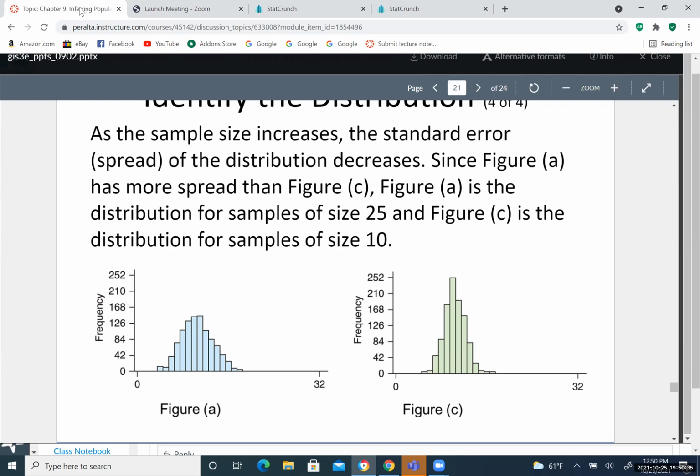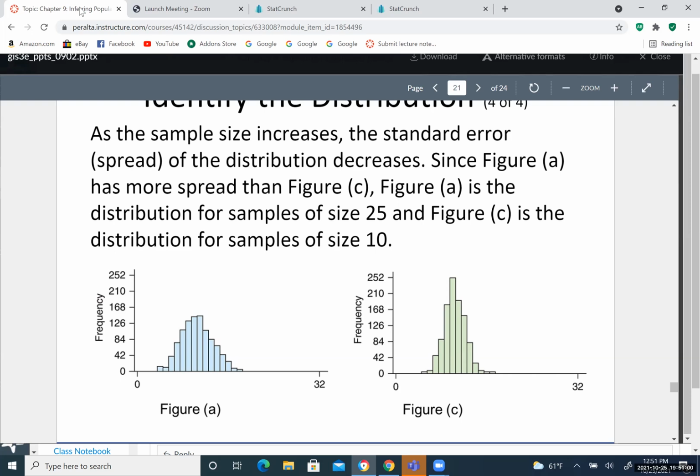It looks like it has the bigger sample size. The blue one has the sample size of 10, with more spread than figure C. Figure A is the distribution for sample size 25, I'm sorry, and figure C is the distribution for sample size of 10.